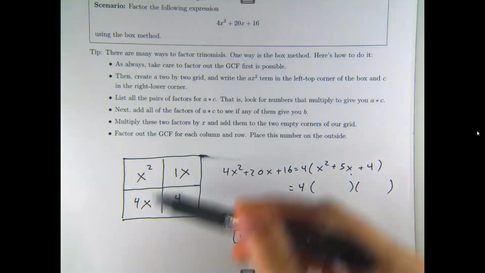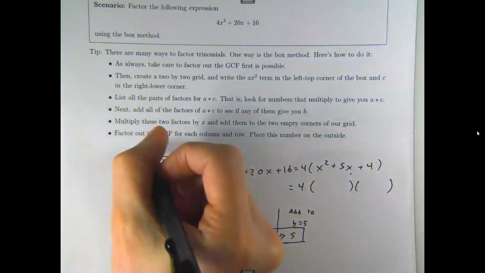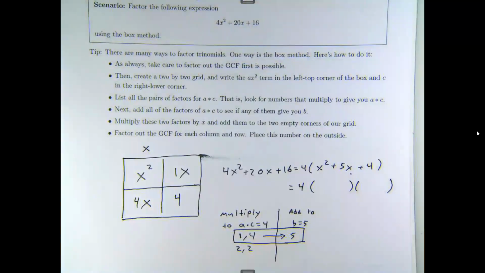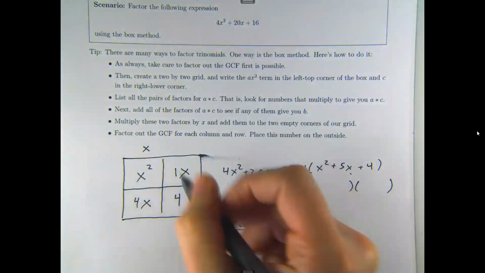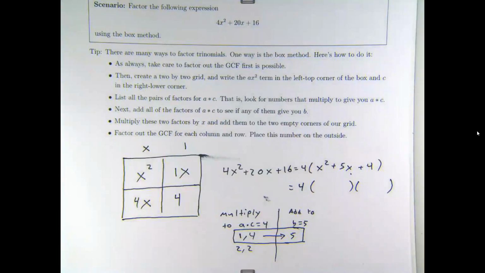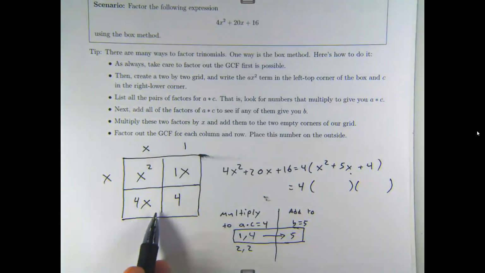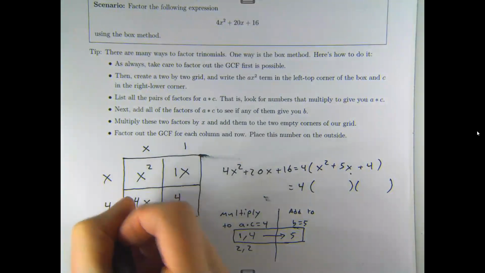As a final step, I'm going to factor things vertically and horizontally for anything they have in common. x squared and 4x, they both have an x in common. 1x and 4, they don't have a lot in common. In fact, only the number 1 goes into both of those things. x squared and 1x have an x in common. 4x and 4 have a 4 in common.